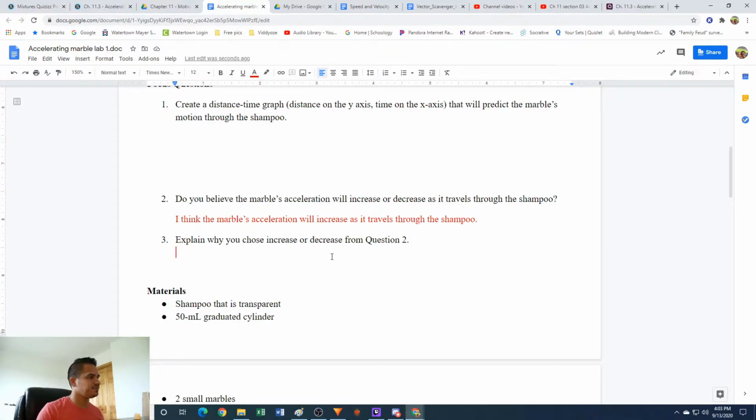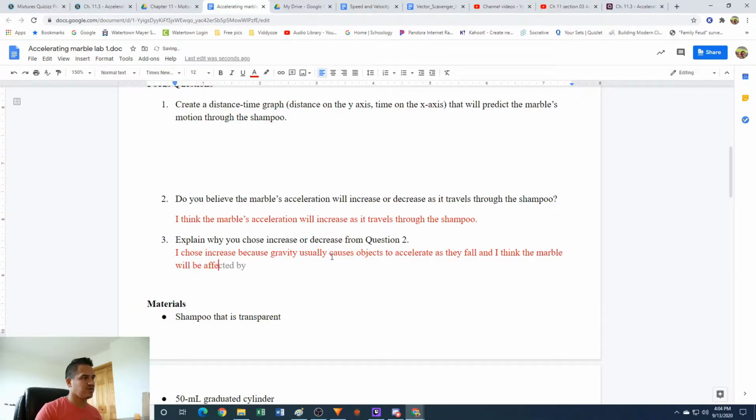We'll say I chose increase because gravity usually causes objects to accelerate as they fall, and I think the marble will be affected by gravity as normal. Something like that.